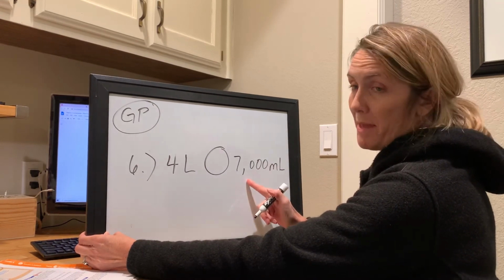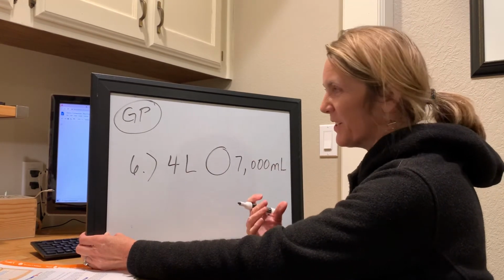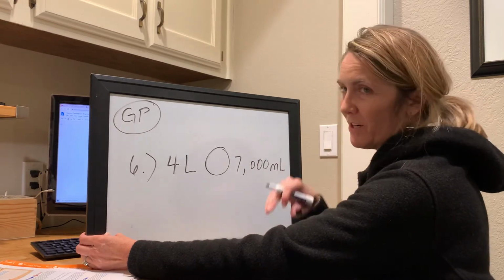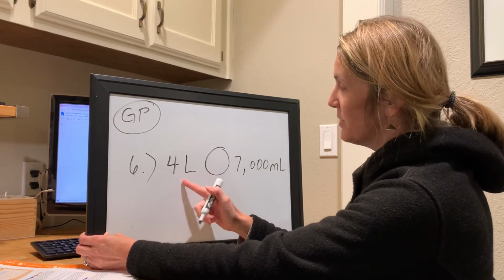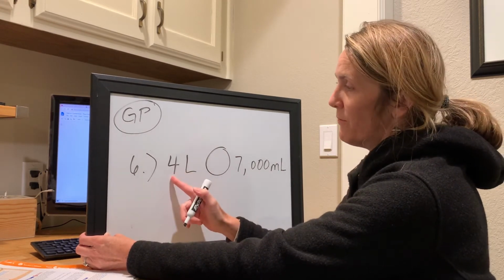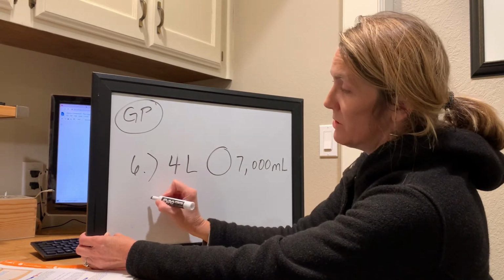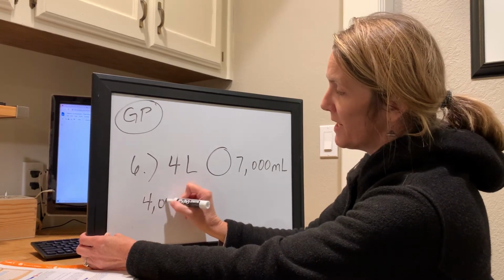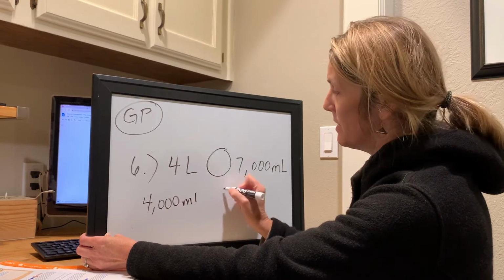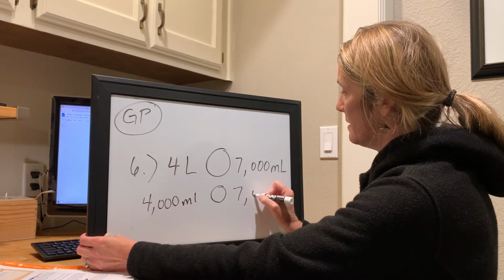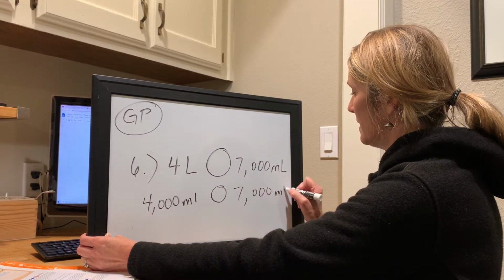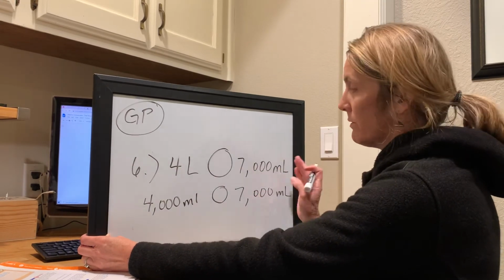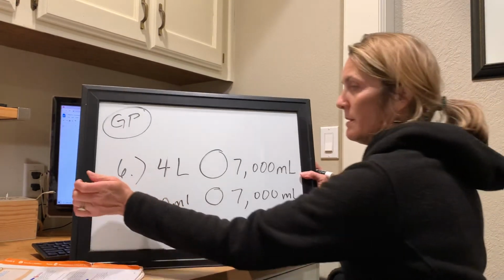So what does that mean? I know it's hard to explain this, but you can work in your head. It's pretty easy. You can translate either one. So 4 liters, if you wanted to, you could say, well, that's equal to 4,000 milliliters. That gives you a comparison. So you can see that 7,000 milliliters is bigger. Or you could work vice versa.